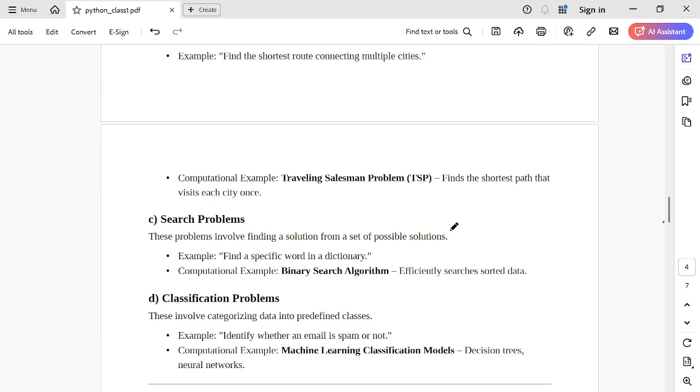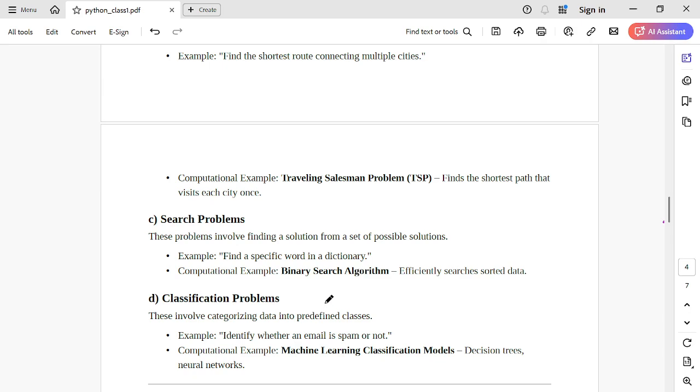So, for example, if you want to search for content in the dictionary based on the index, you will just go through the index, select the corresponding page, and go through that. Similarly, the binary search algorithm will divide the content based on the root element: if it is less, it will keep it on the left-hand side, and if it is greater, it will keep it on the right-hand side. Like that it will proceed.